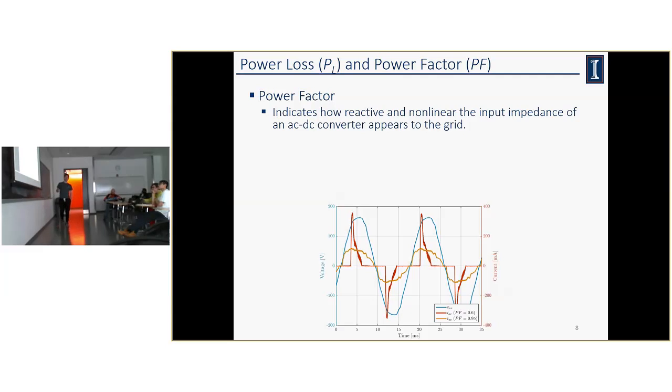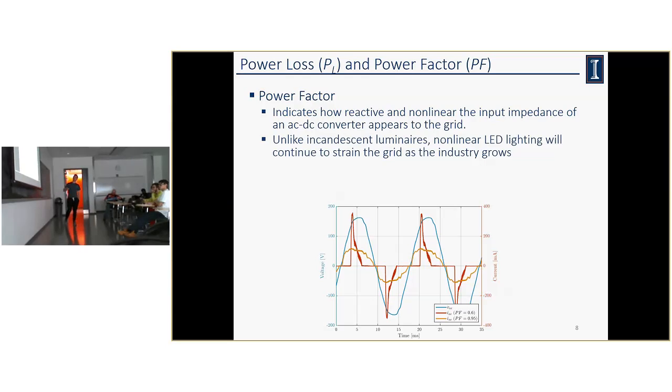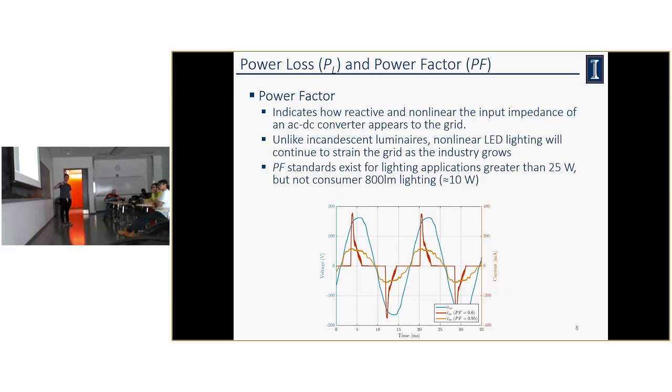Currently there are some standards in place, although obviously they're not enforced. Power factor standards exist for lighting applications greater than 25 watts, like laptop chargers, but not for consumer LED lighting, which is around 10 watts.